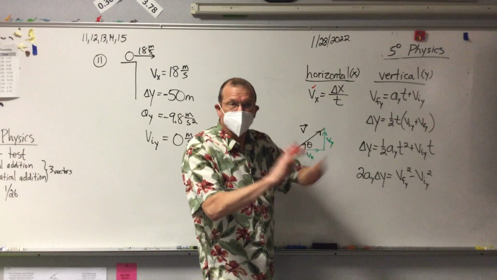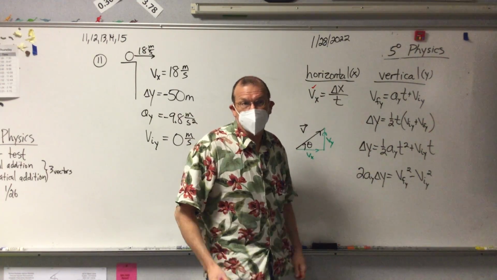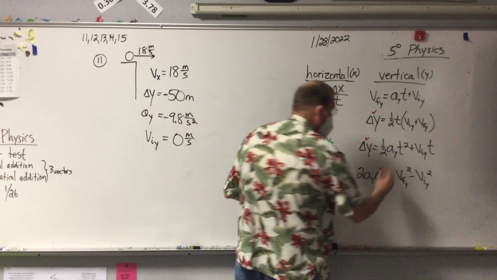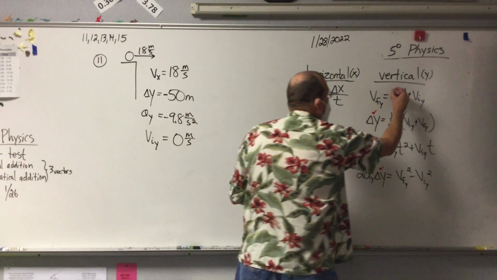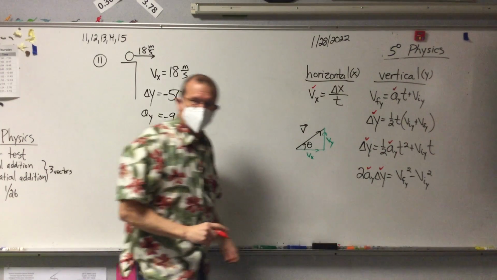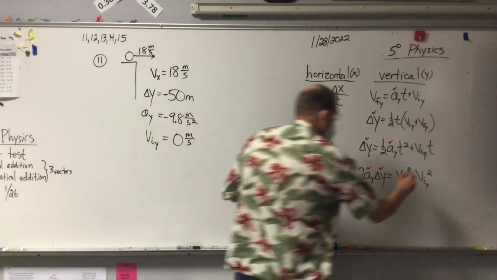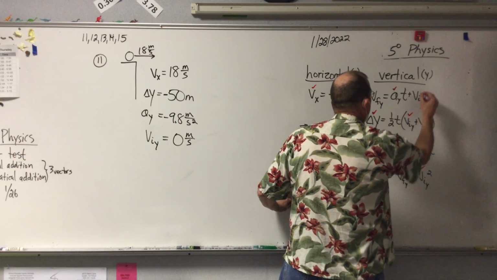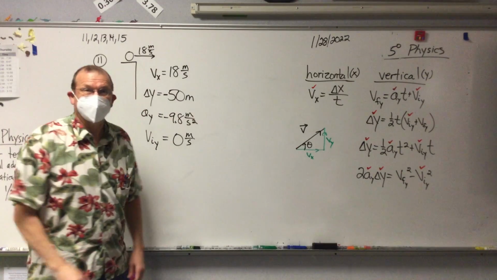But I'm going to check off everything we have and then ask you, what can we do? We have delta y, we have an ay, and we have a Viy. Okay? And that's it.